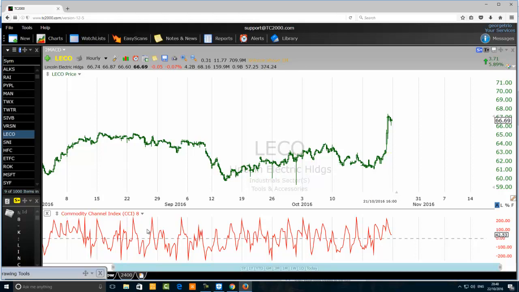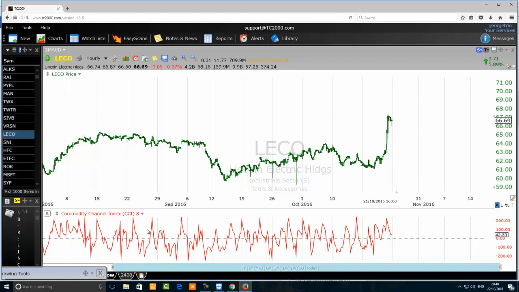There is a similarity between the Commodity Channel Index period 8 and the Bollinger Band 8 volatility 2. This is my favorite setting for the CCI for day trading purposes.